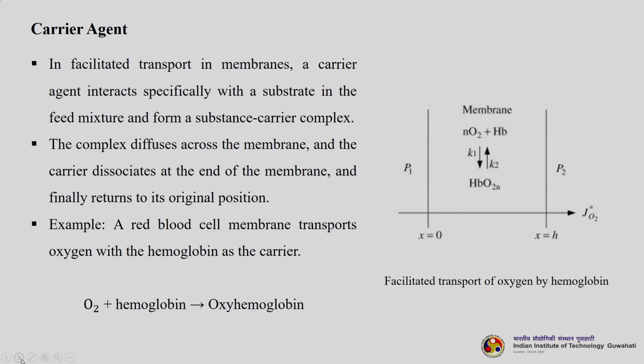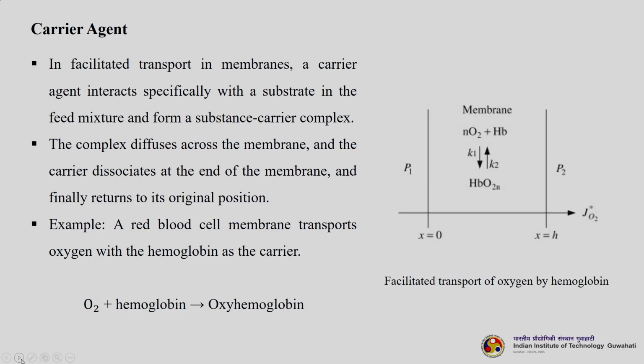Now, the carrier agent, since this is facilitated or carrier mediated transport. What is a carrier, how to choose a carrier, what are the properties of a carrier, this plays a very important role. In facilitated transport in membranes, a carrier agent interacts specifically with a substrate in the feed mixture and forms a substrate-carrier complex. This complex diffuses across the membrane, and the carrier dissociates at the end of the membrane and finally returns to its original position.